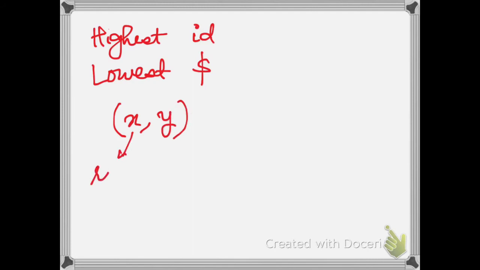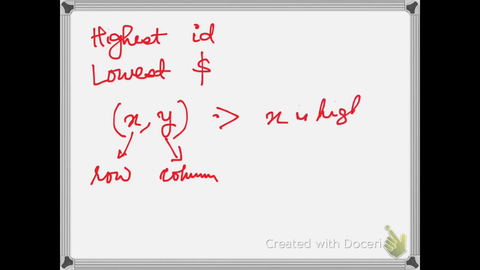So if suppose I have an entry like this, where X is along the row and Y is along the column, and the precedence of X is greater than Y, then we put this symbol in the cell. Again, let me repeat.